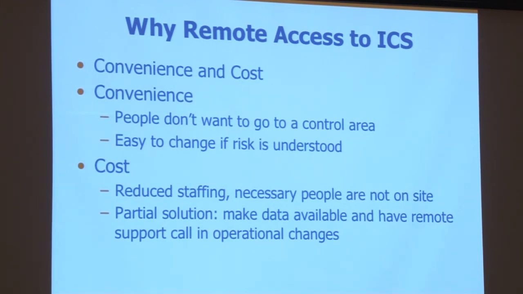But if you're requiring people to do activities on a daily basis or a frequent basis on your network, that person probably needs to be on a control system network somewhere, or at least not on a machine that is used to access the internet, access email, do that sort of thing.